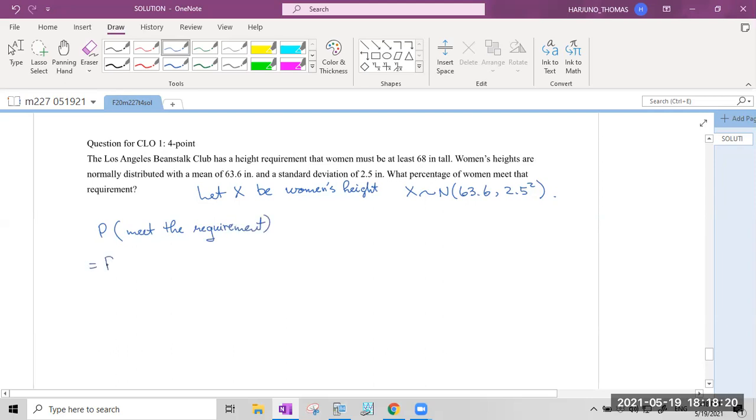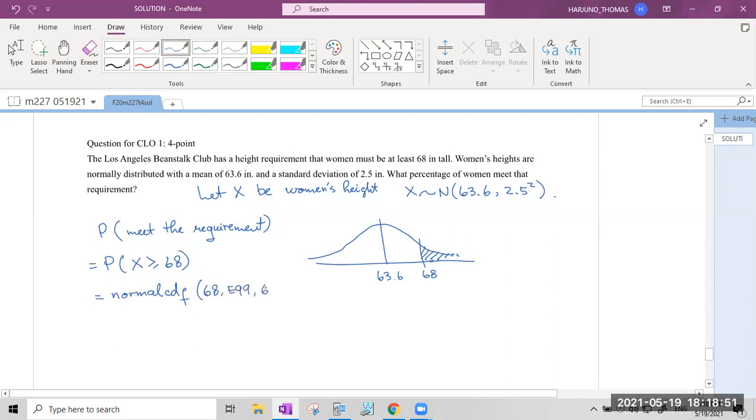The probability of meeting the requirement equals the probability that the height is at least 68. That is normal CDF. You have a normal distribution whose mean is 63.6, and you need 68 or more. So that's normal CDF from 68 to E99, mean 63.6, standard deviation 2.5.